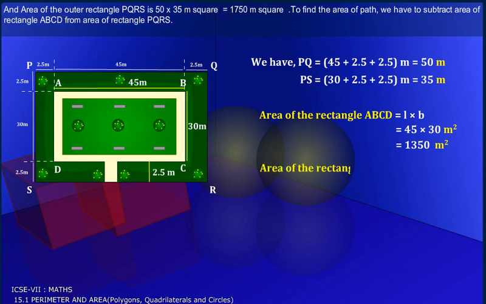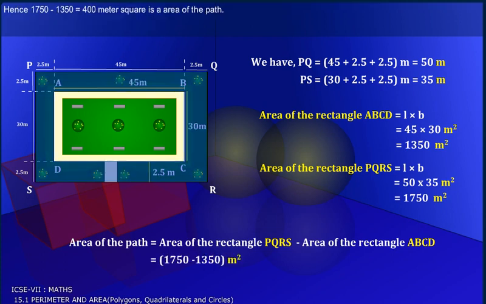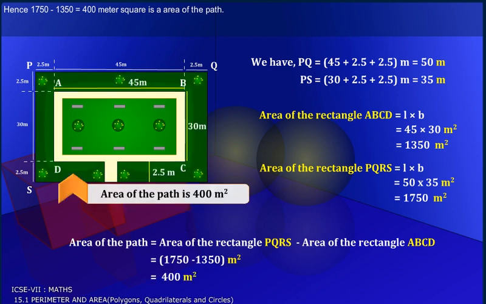And area of the outer rectangle PQRS is 50 into 35 meters square comes to 1750 meters square. To find the area of path, we have to subtract area of rectangle ABCD from area of rectangle PQRS. Hence, 1750 minus 1350 is equal to 400 meters square is the area of the path.